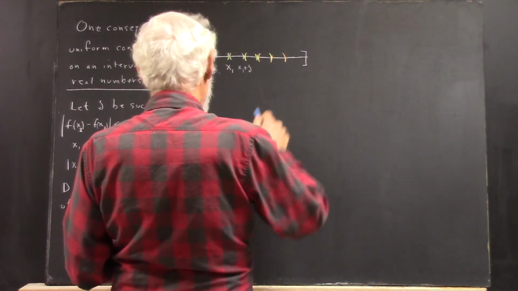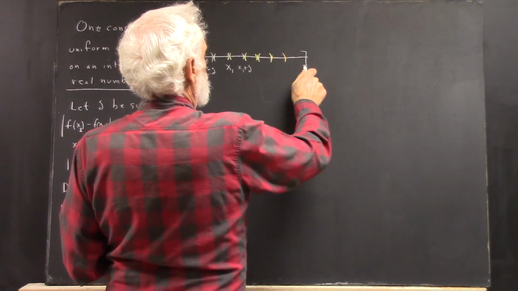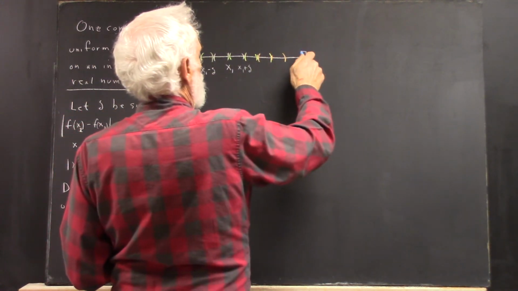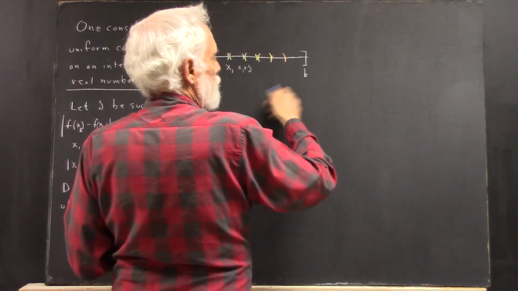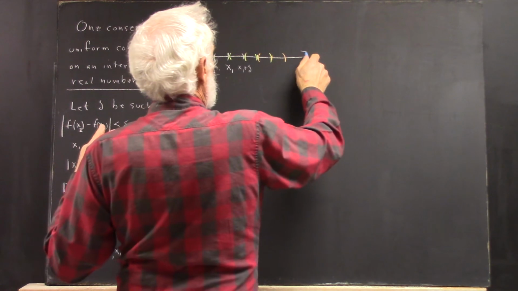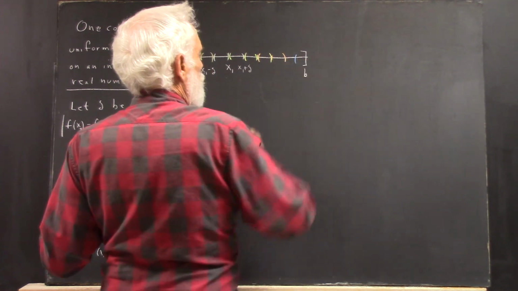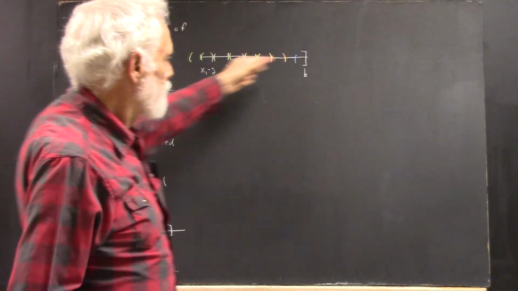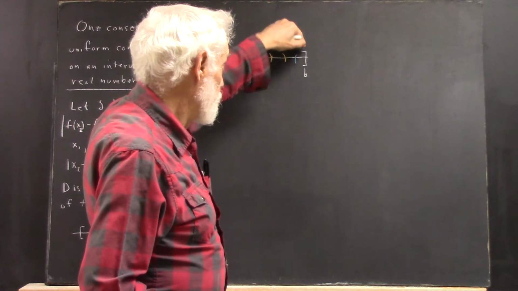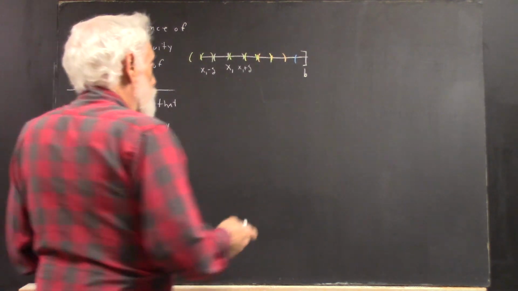Whatever the end is, if this is x equals b, and the other end is x equals a, then for any value of the function within a delta interval around b, the delta interval only goes this far, because you don't even know if the function's defined on the other side of this endpoint.